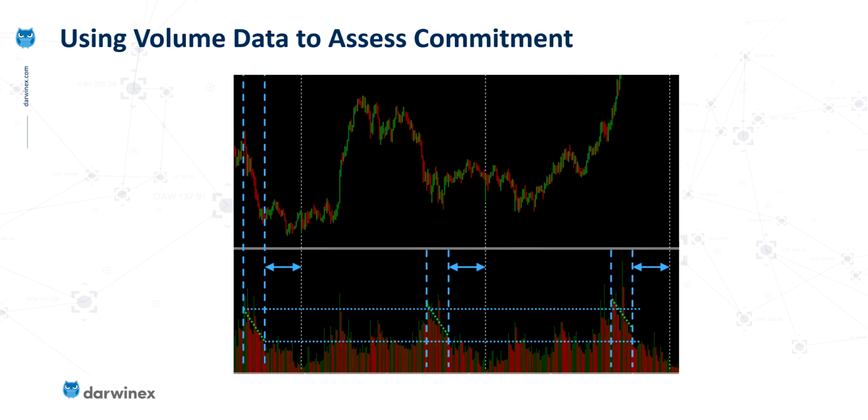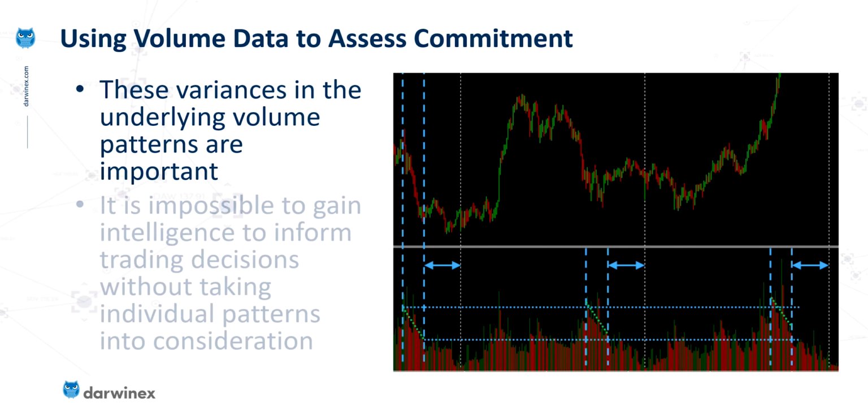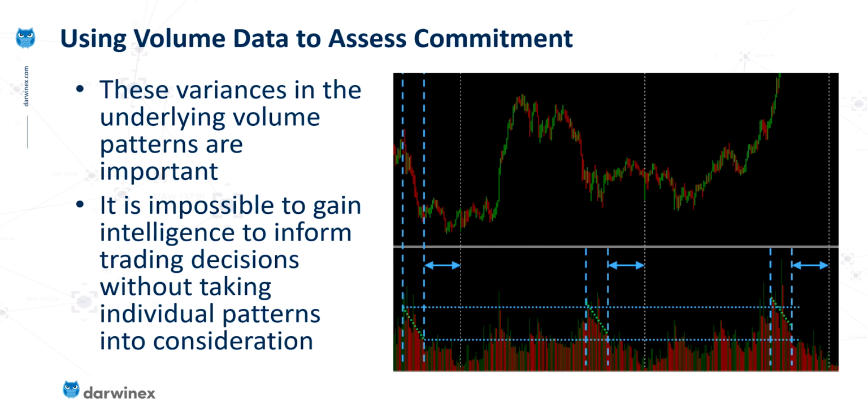And so it's these variances in the underlying volume patterns that are important. Because different currency pairs have a different fingerprint to that pattern, it actually makes it impossible to gain that intelligence without taking those individual patterns into consideration.